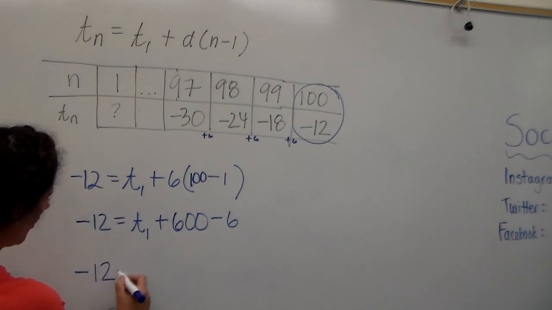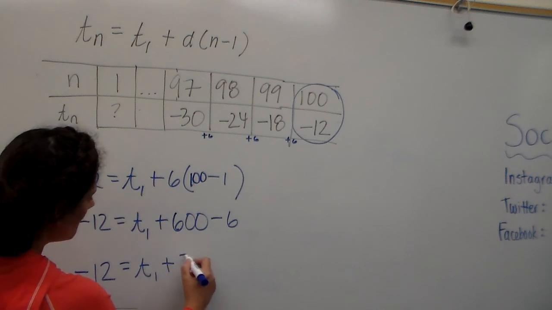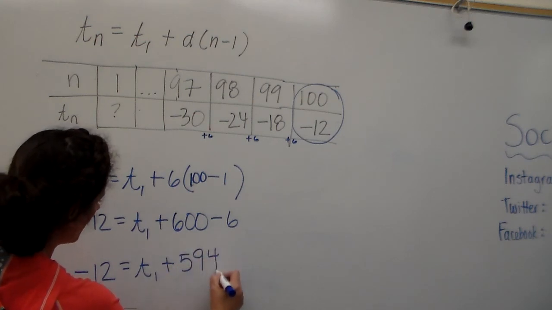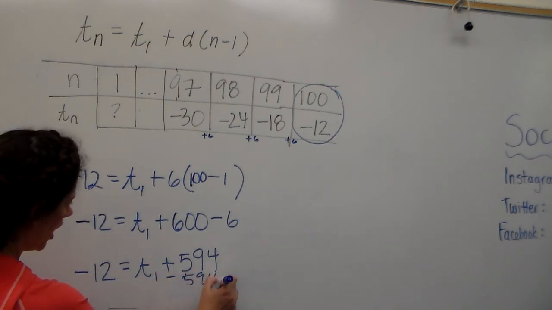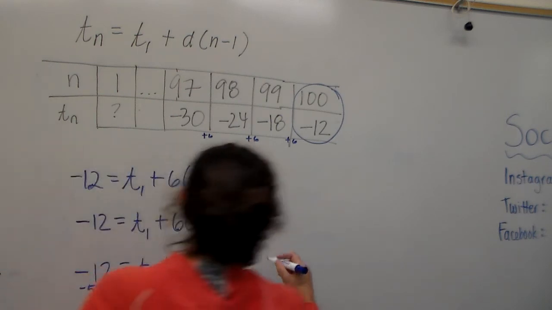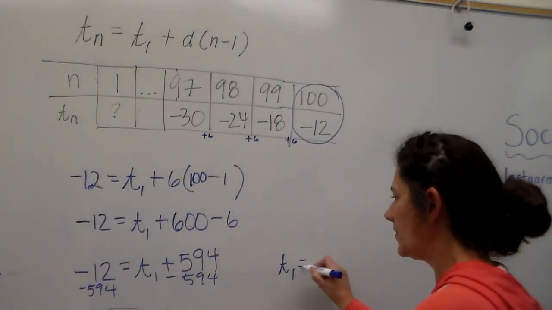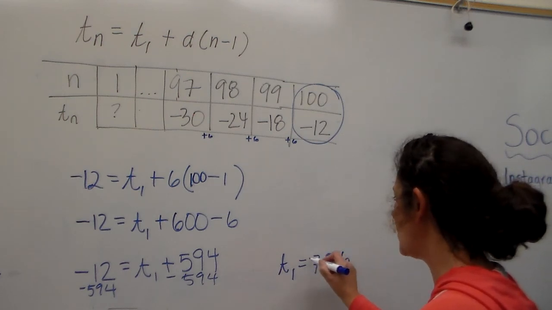So negative 12 is equal to t sub 1 plus 594. Just solve for t sub 1. Subtract that negative 594, and you're going to get that the first term in the line is actually equal to negative 706.